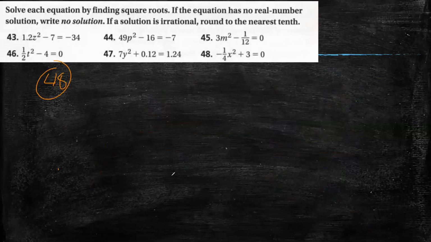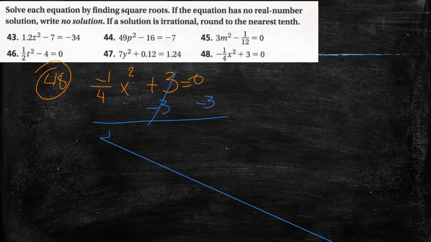In number 48 here, you have negative 1 over 4 x squared plus 3 equals 0. So then minus 3 on both sides. Negative 1 over 4 x squared is equal to negative 3. Then this is a fraction multiplied by x squared. I want to isolate it and keep it as x squared.